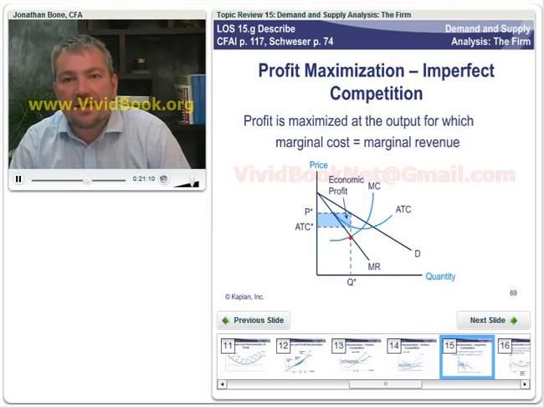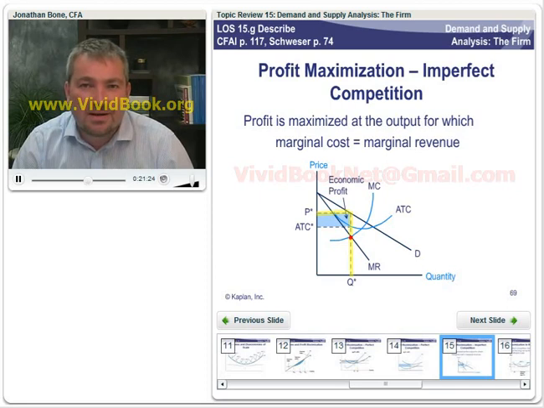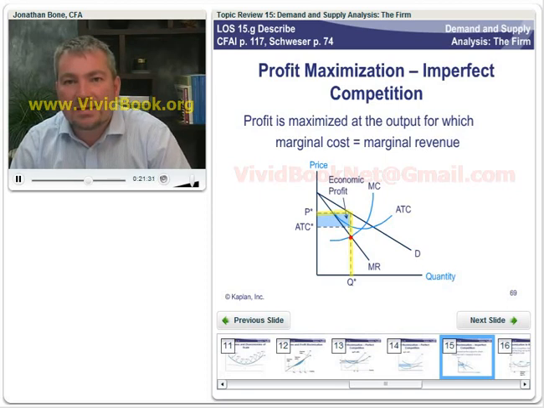Now extend the line down, that gives you quantity. Extend the line up until it hits the demand curve, and then across, and you get price. Now, of course, the total rectangle bounded by my yellow line, price times quantity, is total revenue. Now, with that quantity, extend up until you hit the average total cost curve, and there is that point there, and across, and you get total cost.